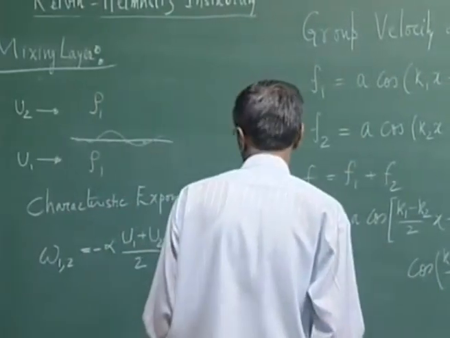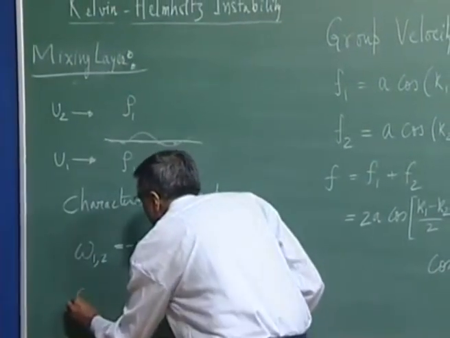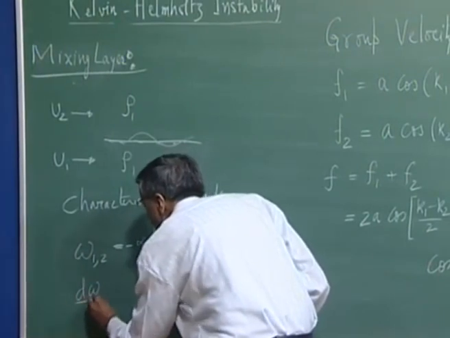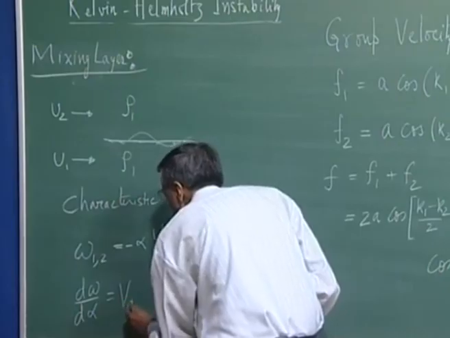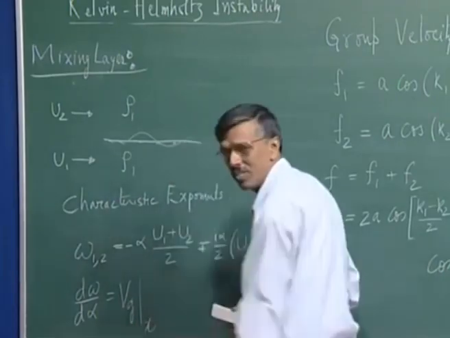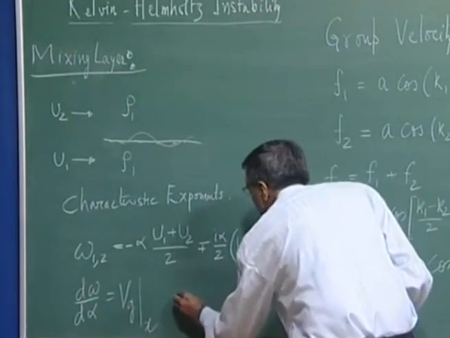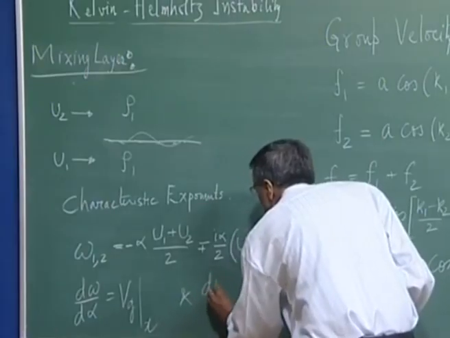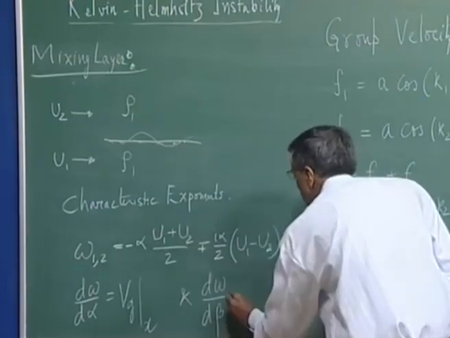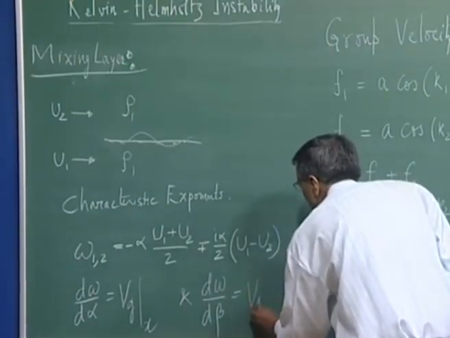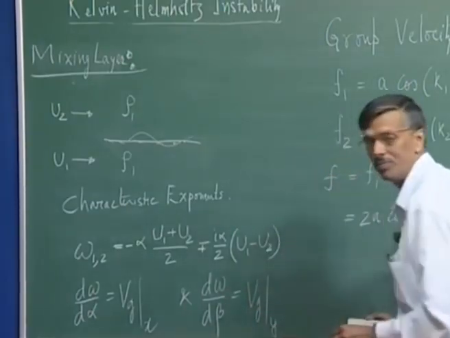It should be written as d omega d alpha. That will be the group velocity in the x direction, and if I could get d omega d beta, that will be my group velocity in the y direction.